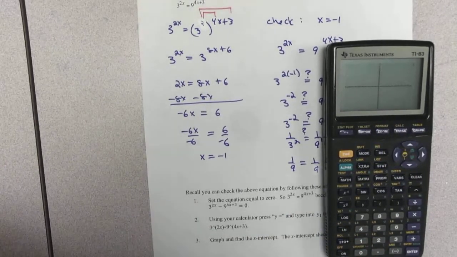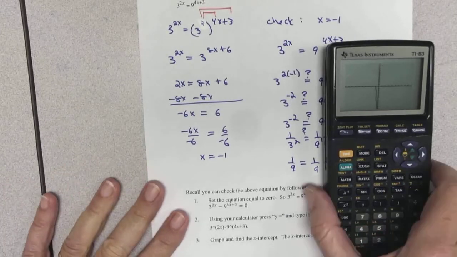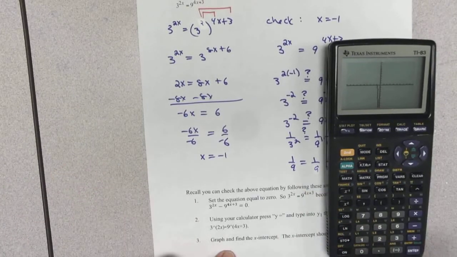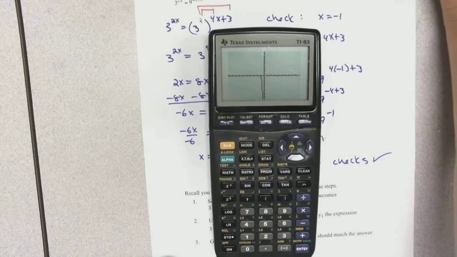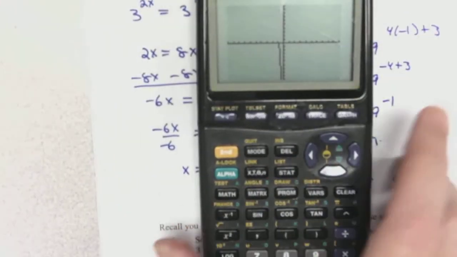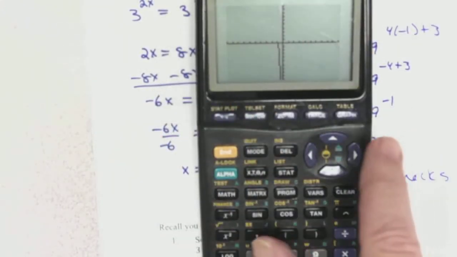Zoom 6. We don't see much of a graph, but we see enough of a graph. Graph it, we did, and we should find the x-intercept, so I'll zoom in on this. For some reason we're not seeing anything over here, but we're not going to worry about that.